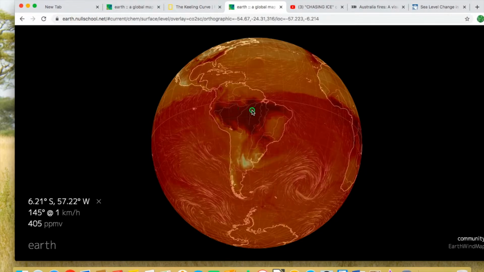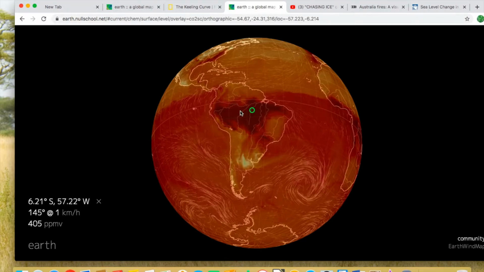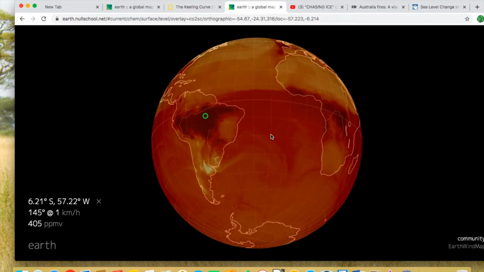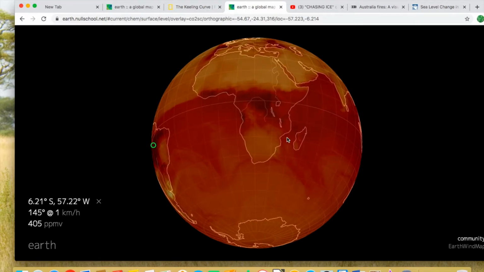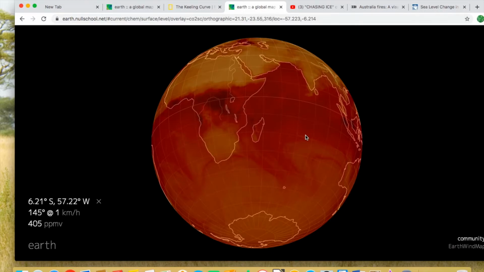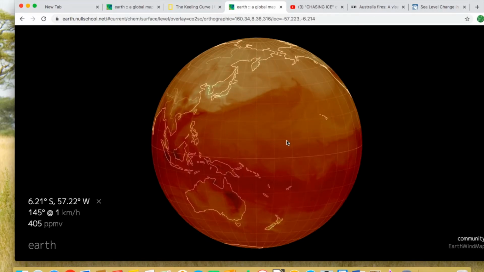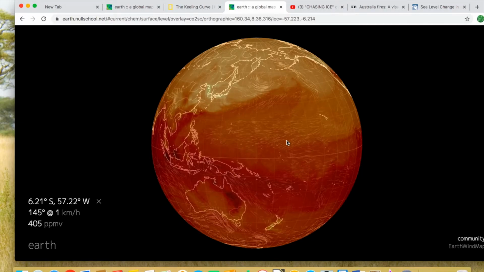I think I even found 405 parts per million in the central Amazon, these great forests of the world. In the south, the photosynthesis is happening, and so they are removing carbon dioxide from the atmosphere. So carbon dioxide concentrations are not uniform, but they've gone up. It used to be a big deal for them to be at 400 parts per million, and now they're at 430 parts per million.